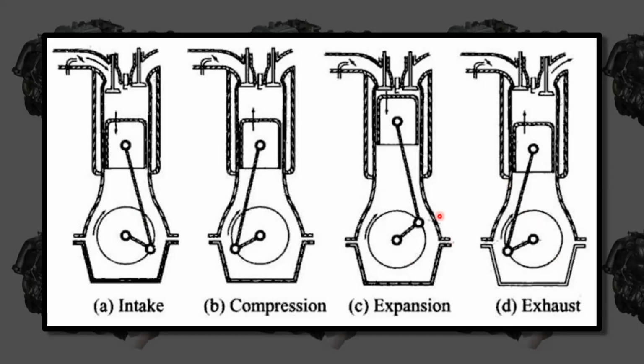During the expansion, that means until it reaches here, 360 plus 180 something, till that angle both the valves are going to be closed. Then whenever the crank is here during the exhaust stroke, the exhaust valve is going to open, and it remains open from here to here.